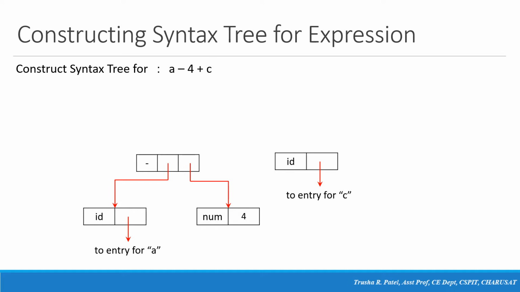Then one more node is created whose first part is id and the second part points to the entry of c in the symbol table, and a node is created for the plus. So first part is plus, second part points to the left child, that is minus, and third part points to the right child, which is c.